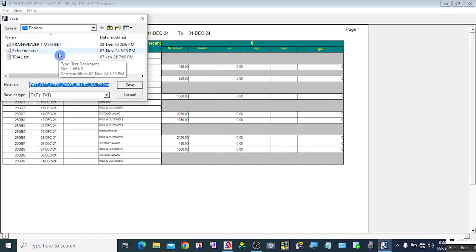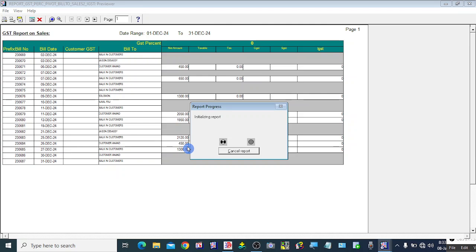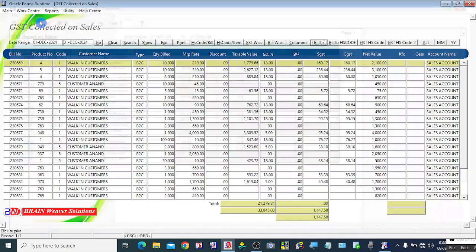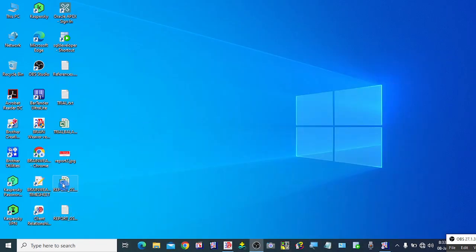You can save this file in a desired folder in your system. Once this report is saved in a specific folder in your system, you can open that file with the help of Excel and can easily generate a pivot table like this.